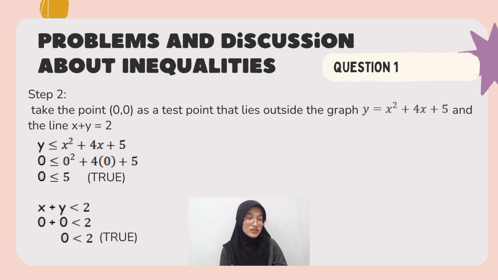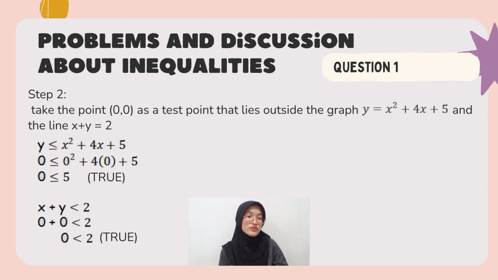the point (0, 0), the origin, as a test point that lies outside the graph y equals x squared plus 4x plus 5 and the line x plus y equals 2. So, we substitute y = 0 and x = 0 into the inequalities.